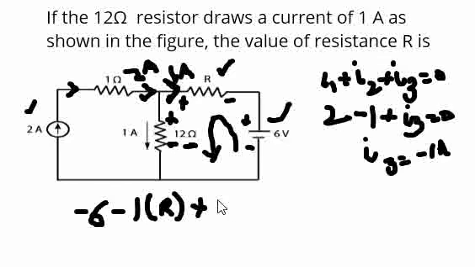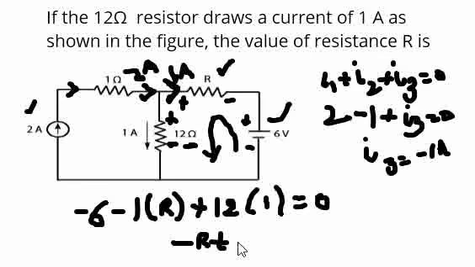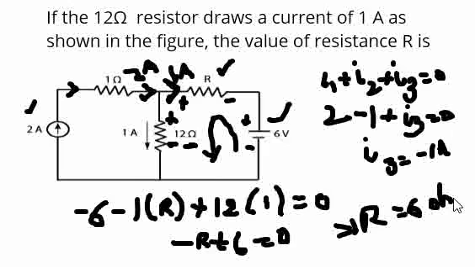So let us write it as 12 into 1 for the understanding of others, is equal to 0. That means minus R plus 6 is equal to 0, which means R is equal to 6 ohms. So the value of resistance here for this current to be 1 amp is 6 ohms.